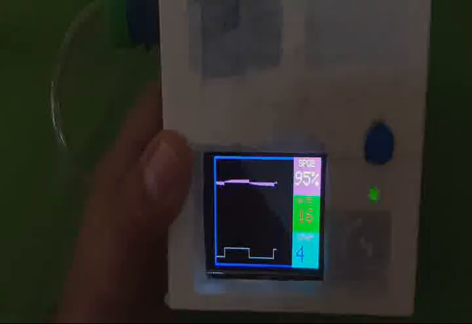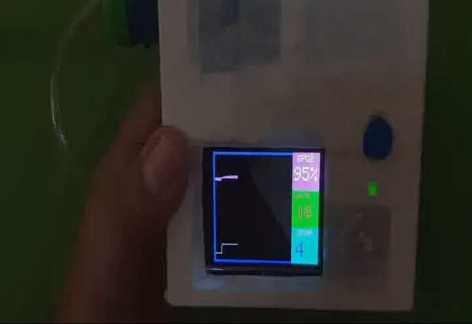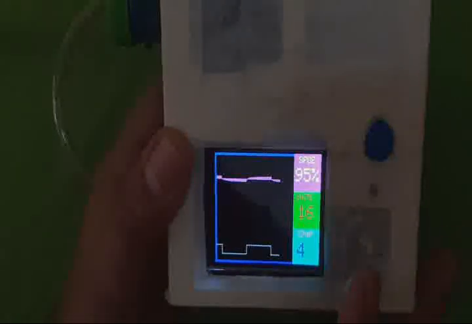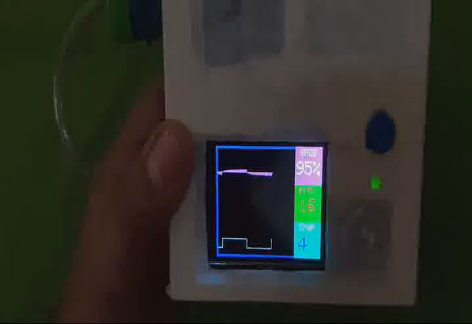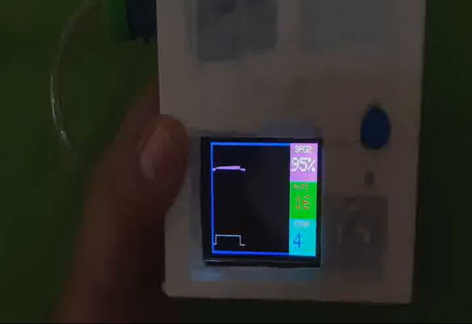You can see here the rate 16. This means the breathing rate: a general person breathes 16 times per minute, 16 cycles per minute. This is the breath rate. And the SpO2 of 95% is the saturation of pulse oxygen, which means the oxygen percentage in your blood.